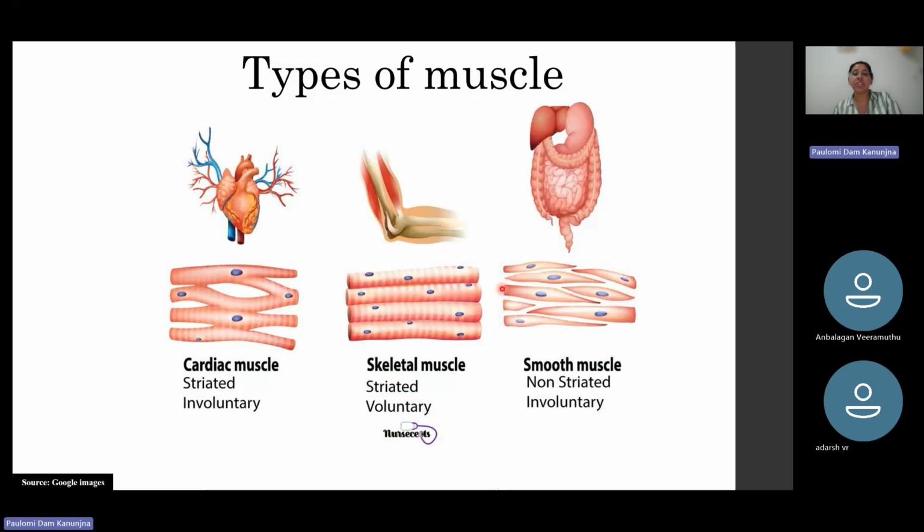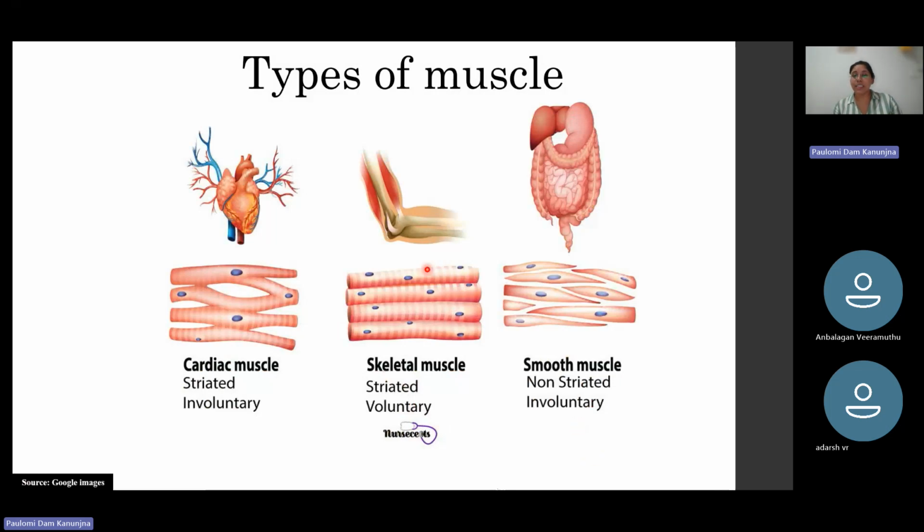Now, how do you differentiate between these muscles? First is striation. Skeletal muscle has striations and cardiac muscle has striations. Talking about voluntary control, skeletal muscle, which is connected to the skeleton or bones, is voluntary. You know when to move them and how to control them. However, cardiac muscles and smooth muscles are involuntary.